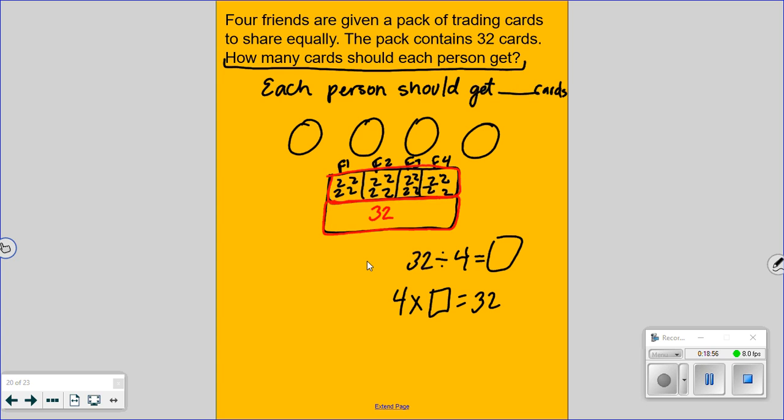How did you figure out it was 8? Added up all the 2s? Every single 2 on the board? All the 2s in just one box, because I want to know how much each person got. That's only one person. 2, 4, 6, 8. So each person got 8 cards.